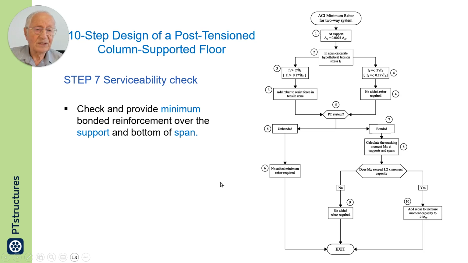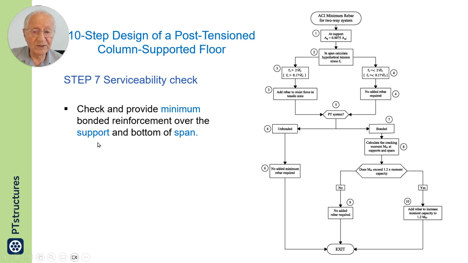Once we are done with the deflection check, we go to minimum rebar. ACI requires that you put a minimum amount of bonded reinforcement over the support and possibly in the span.